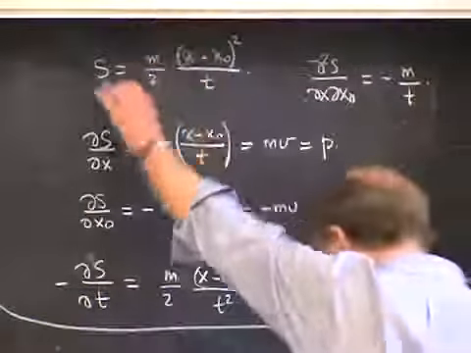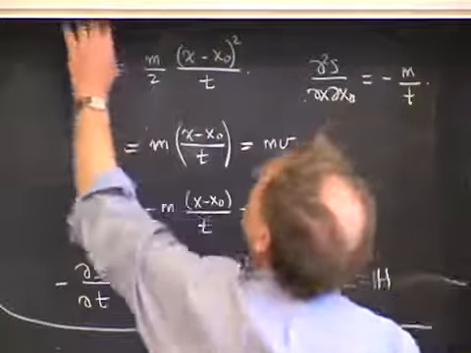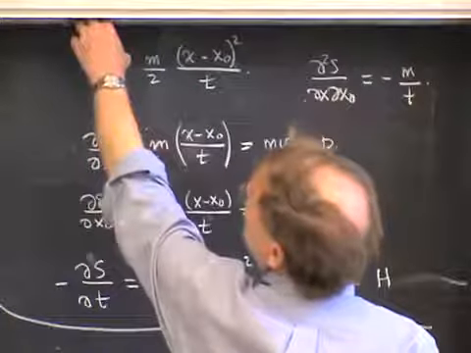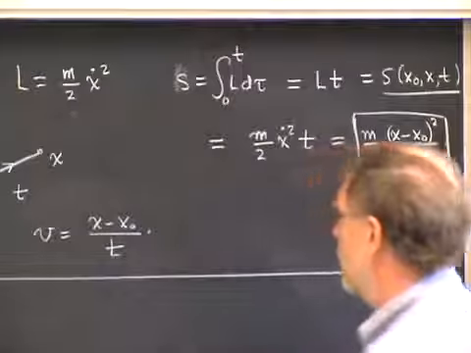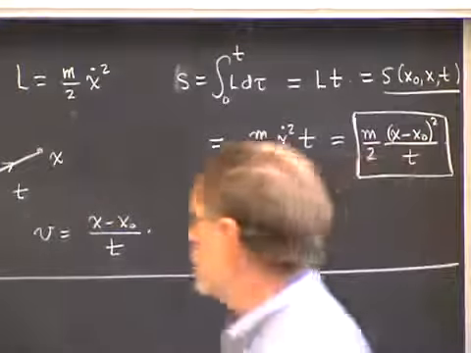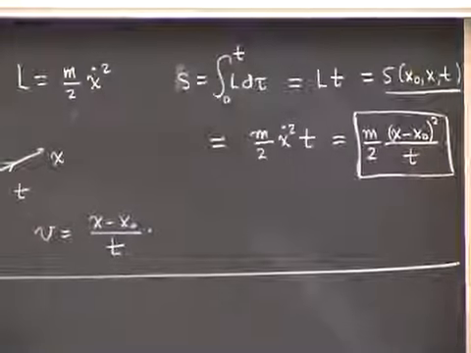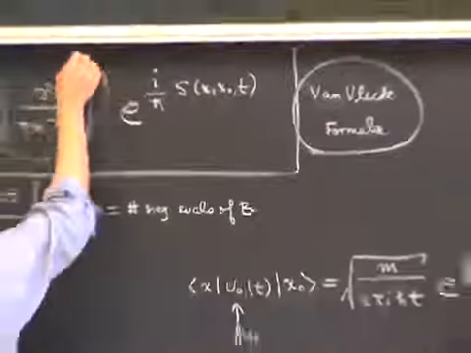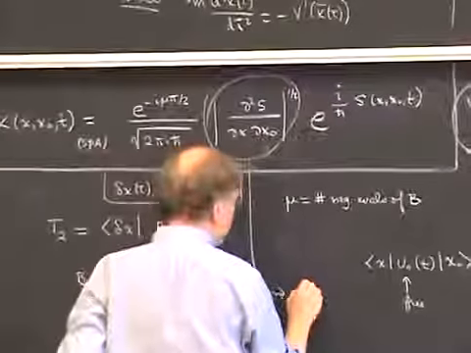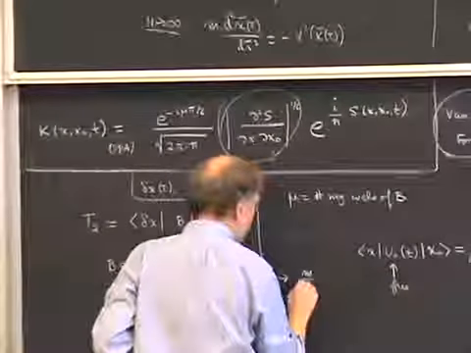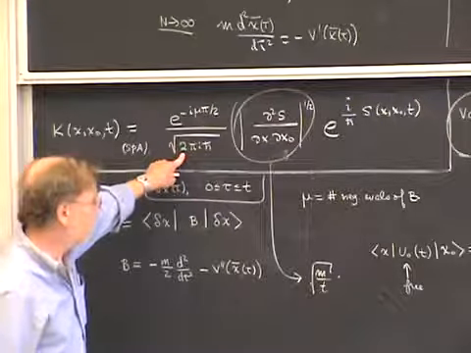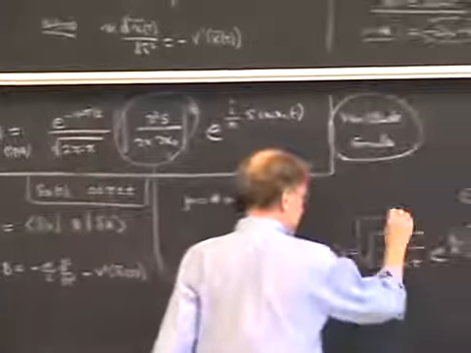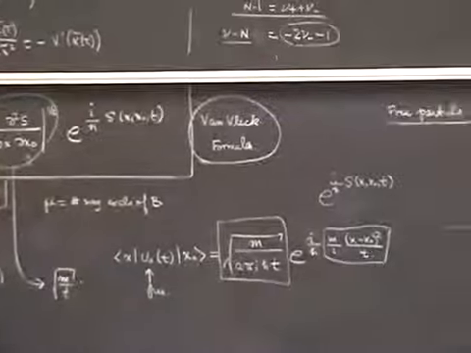And so, for the case of the free particle, this factor here turns into the square root of m over t. And if we combine it with the square root down here, you see we get exactly this prefactor that came from exact quantum mechanics.